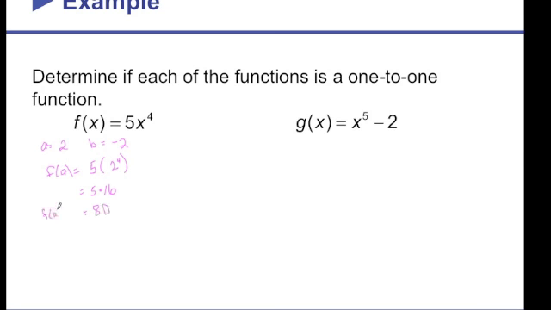If I find f of b, I'll have 5 times (-2) to the 4th. I put the 4 on the outside this time because we are raising the negative to the exponent. That ends up equaling 5 times 16 again, so f of b equals 80. We started with 2 different values for x and ended up with the same answer. So this is not one-to-one.